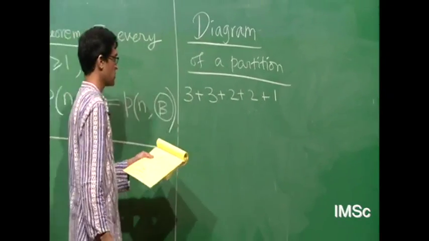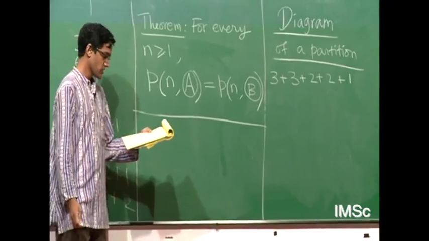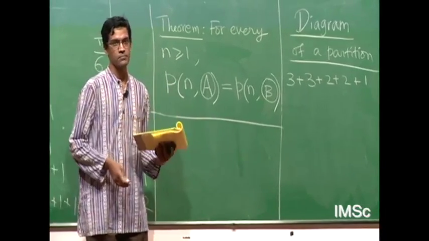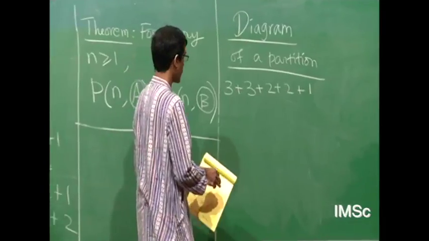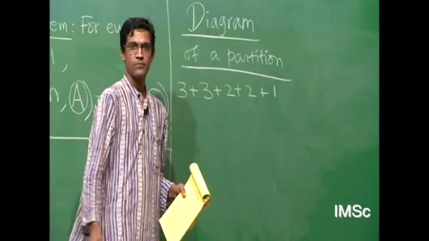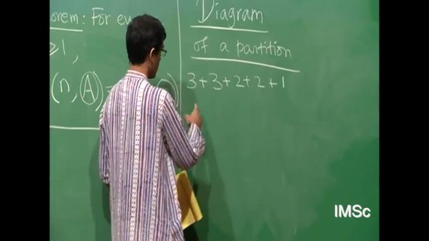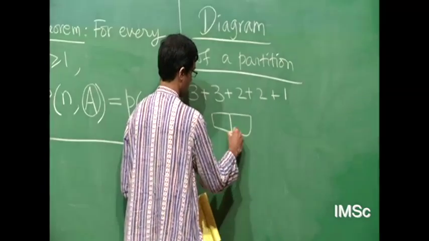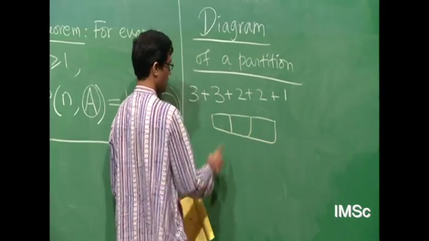Suppose this is my partition. What is it the partition of? 6, 10, 11. It's a partition of 11. I'll tell you what I mean by the diagram of this partition. Okay, so let's do the following. The first part is a 3, so I'll draw 3 boxes. Okay, so that's 3.